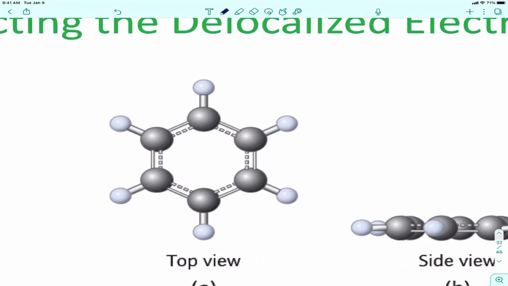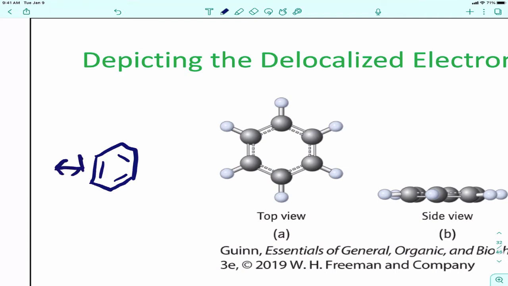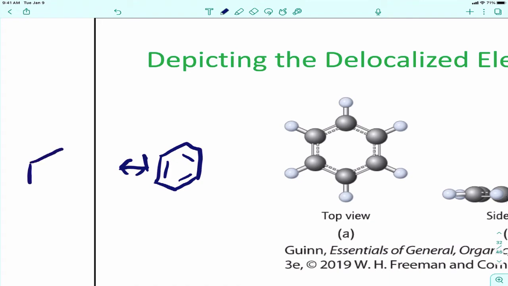Usually when we draw a structure for benzene, as a shorthand to show that there are delocalized electrons in this ring, we draw the six-membered ring, but instead of drawing in the double bonds, which we could, remember you could have double bonds here. You could also have another structure where the double bonds are in the opposite location, like so.